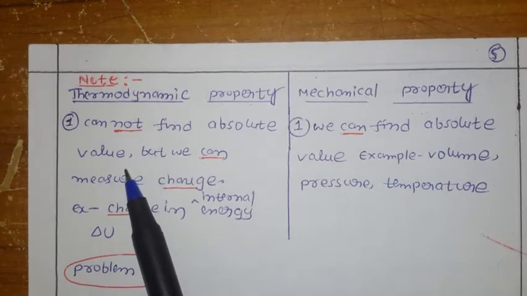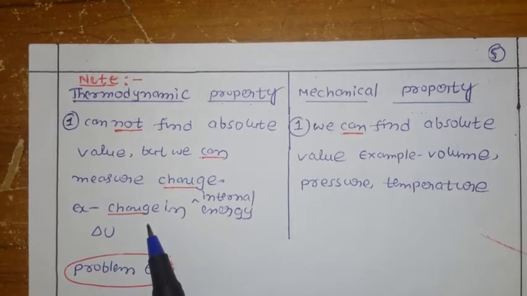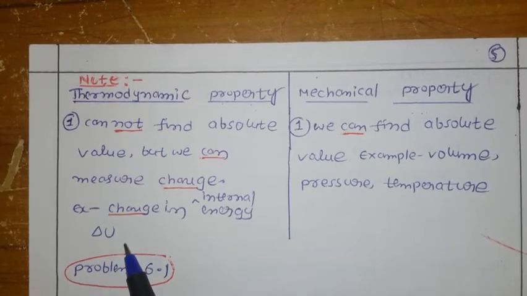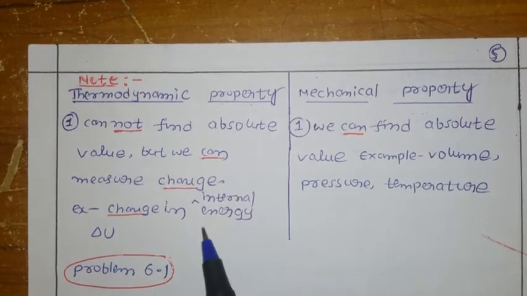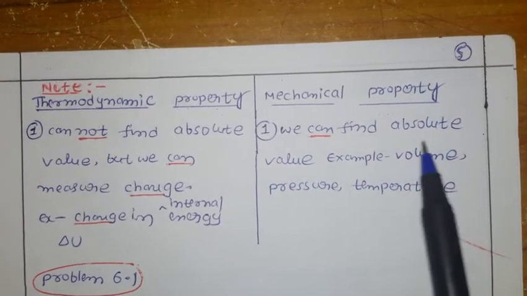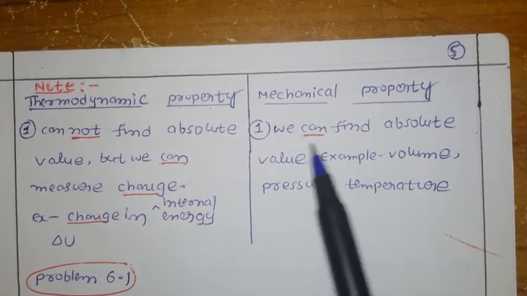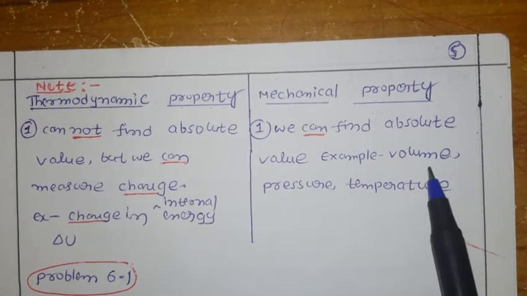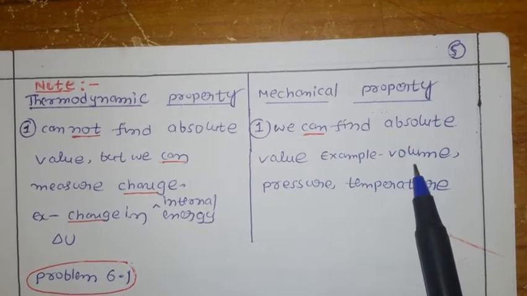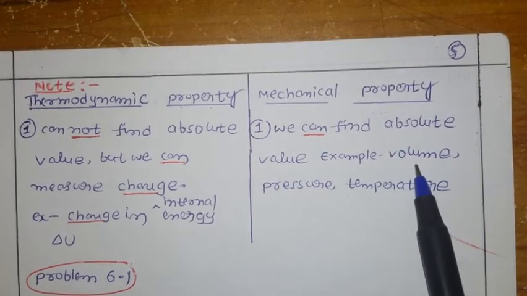Whatever the thermodynamic properties are, we measure the change, not the exact value. For mechanical properties, we can find the absolute value. Examples are volume, pressure and temperature, for which we can find the exact value, but not here.